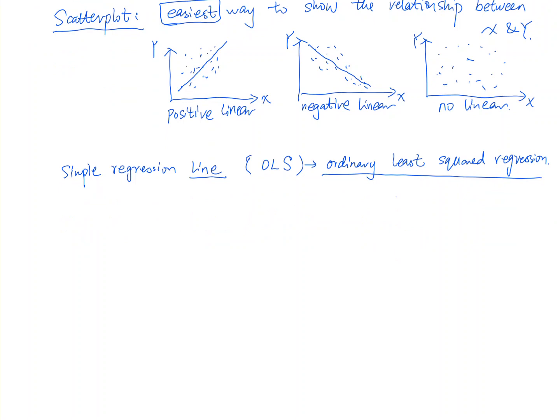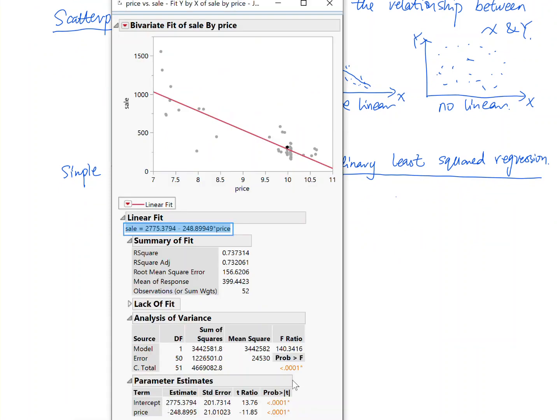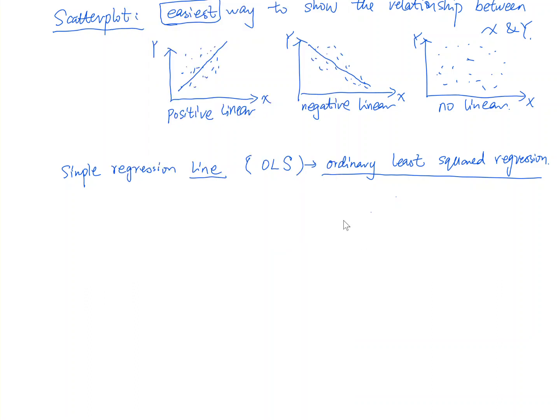Alright, and then again from this output we have this equation, right? For this equation we call it the sample linear regression equation. Right, so we will have y hat equals 2775 minus 248.9x.